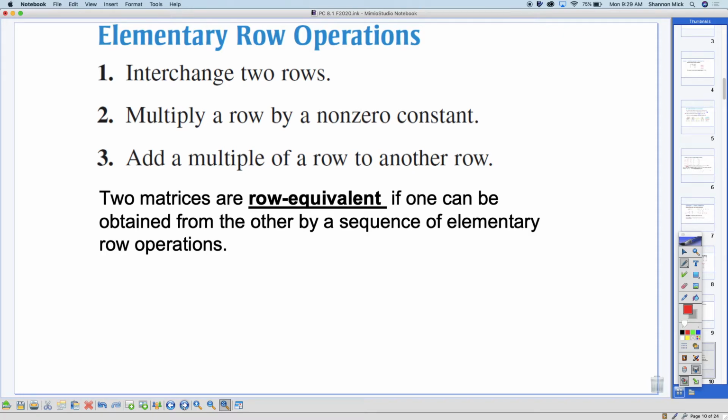So in elimination, did we multiply one equation by a non-zero number and combine the two? Isn't that what we did with elimination, to get rid of a variable, to get a 0? Yeah. That's operations 2 and 3. We've already been doing 2 and 3.